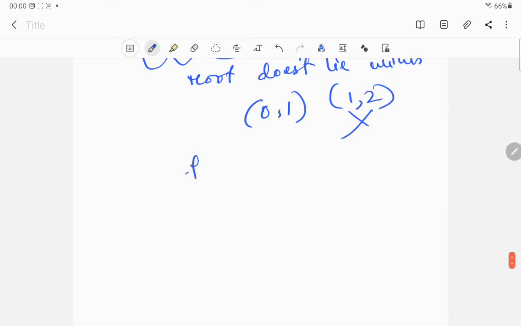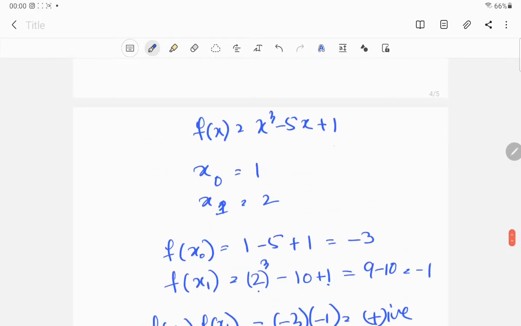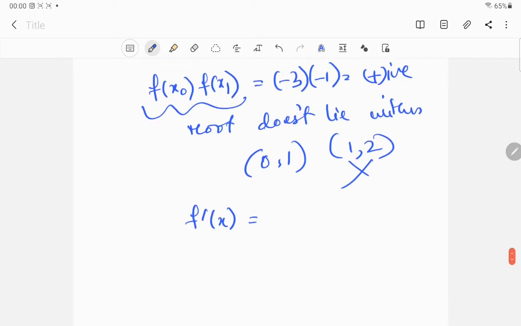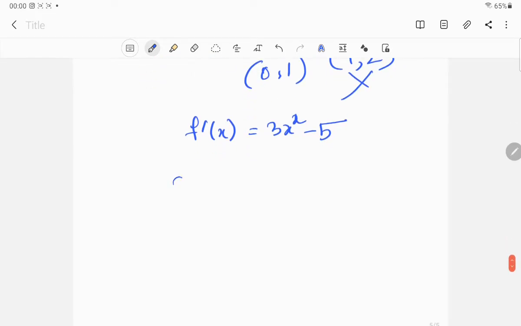Okay, so next find out f dash x. It is simply f dash x equals 3x square minus 5.